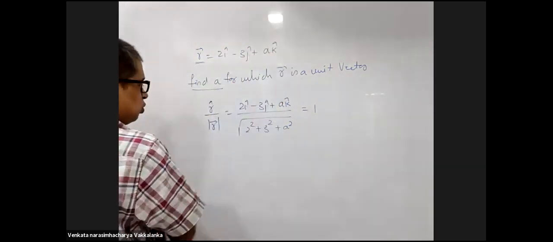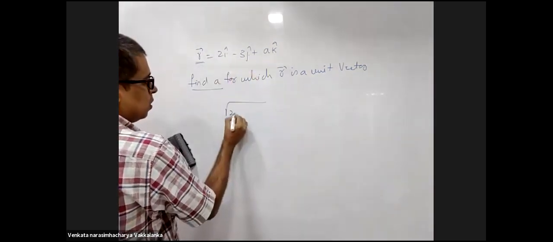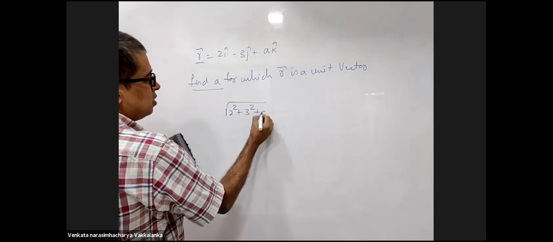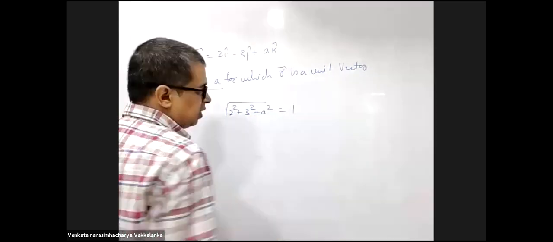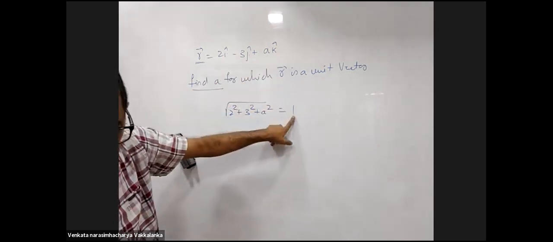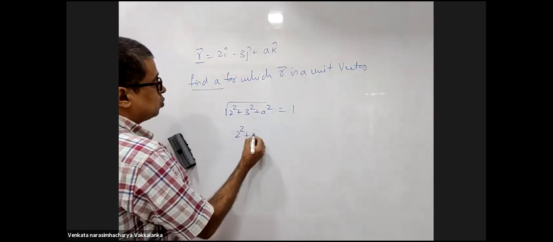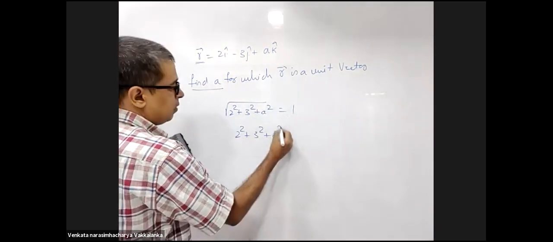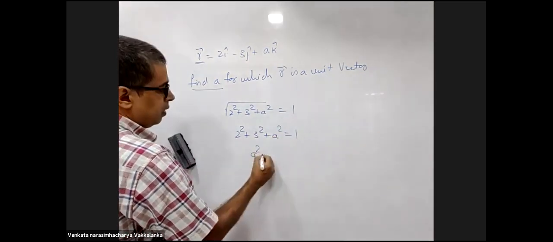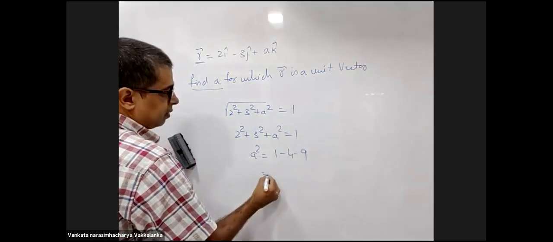So magnitude should be equal to 1. Sorry, one correction: the magnitude, root of 2 square plus 3 square plus a square, should be equal to 1. If this is a unit vector, its magnitude should be equal to 1. Square both sides. 2 square plus 3 square plus a square is 1. a square is 1 minus 4 minus 9.